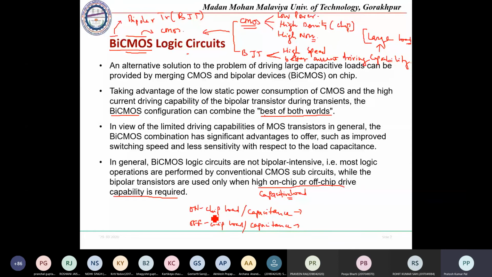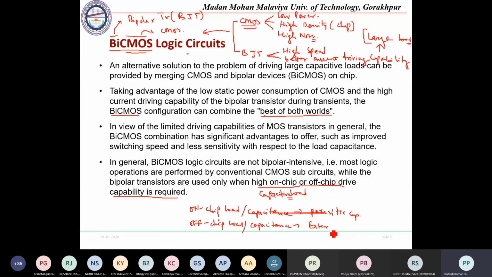So that means it is on chip load or capacitance. It is the capacitance that is available on the chip, or the capacitance generated by the parasitic capacitances of the transistors that are connected. Basically it is the parasitic capacitances. But off chip load, that is the external load.